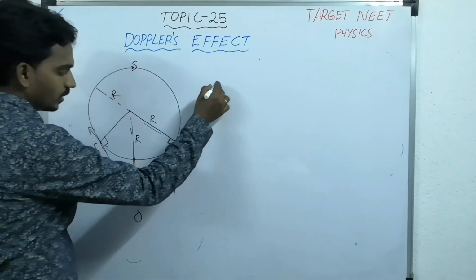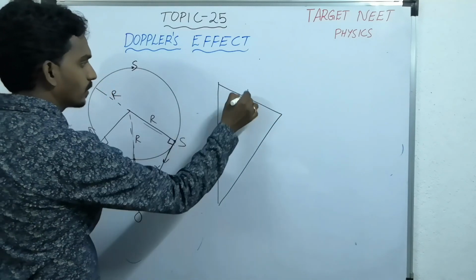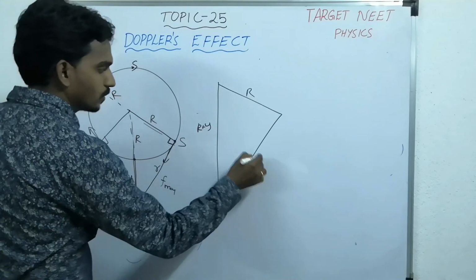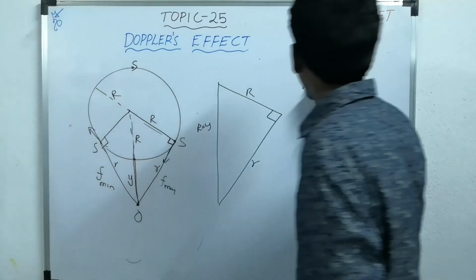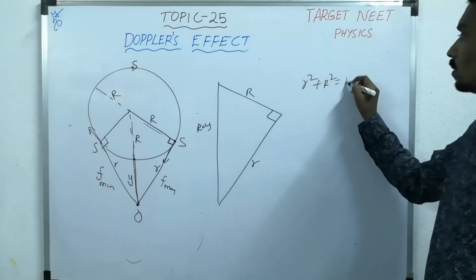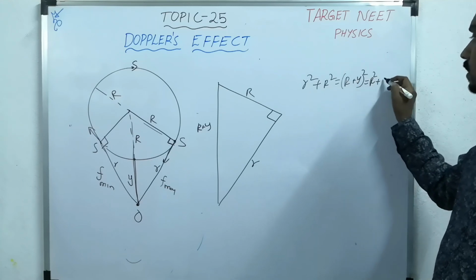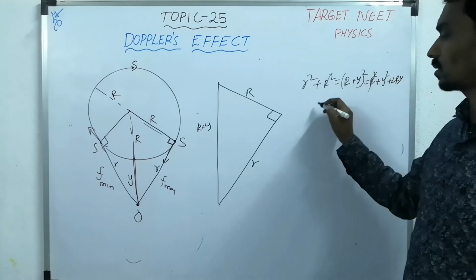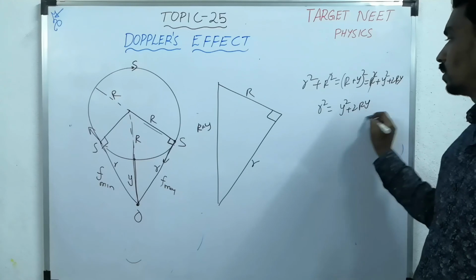Right angle triangle. This is capital R, this is R plus y, this is small r. This is a right angle triangle. Then R square plus r square equal to R plus y whole square, equal to R square plus y square plus 2Ry. R square cancels, so r square equal to y square plus 2Ry.